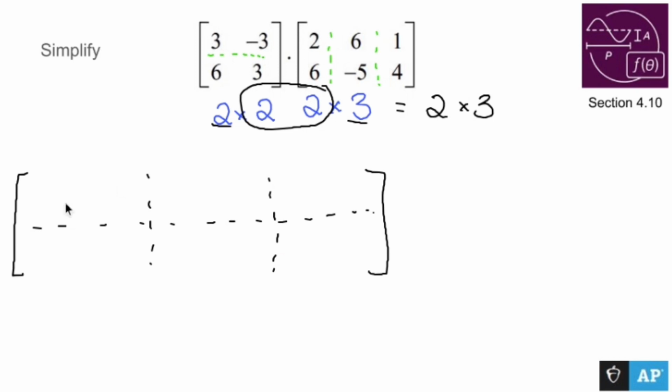I'm looking at row 1, column 1. Each row and each column have 2 elements in it. So I'm going to multiply the first element in each one, then add the product of the second element in each one. So 3 times 2 plus negative 3 times 6.